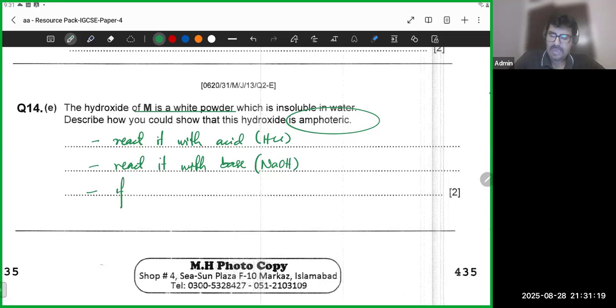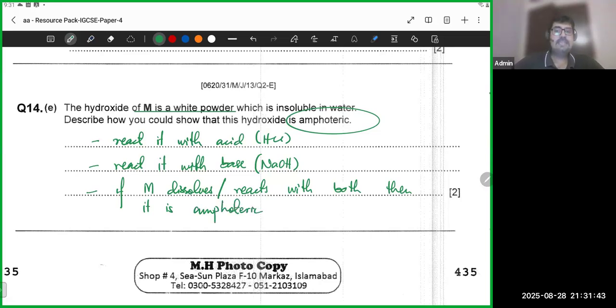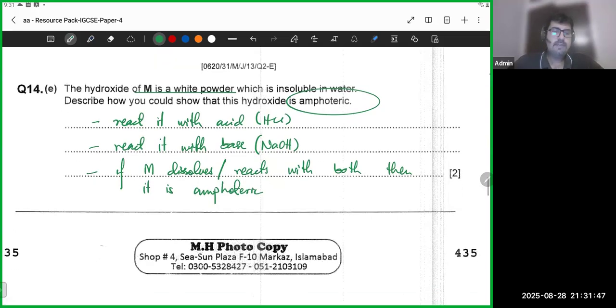If M, the white powder, dissolves in both of them. Dissolves and reacts with both of them. Then it is amphoteric.